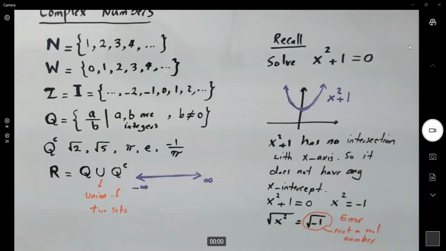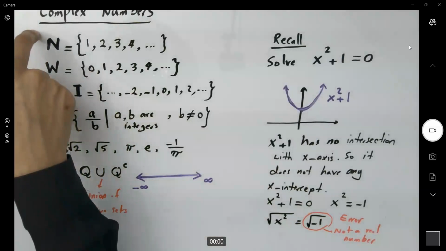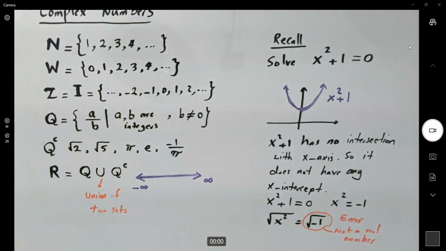Should I leave it as it is? Of course not. We're the mathematicians. We are interested in taking these not real values and defining something new. We call it a complex number. So a complex number is defined as a plus I times b, such that I is equal to square root of -1.